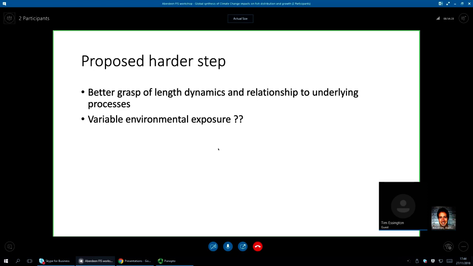It's not that everything is just getting constantly warmer, but organisms are experiencing a new range of temperatures and a new pattern of daily or seasonal fluctuation, and how those variable environmental exposures manifest in length is super duper complicated because of this energy allocation question.